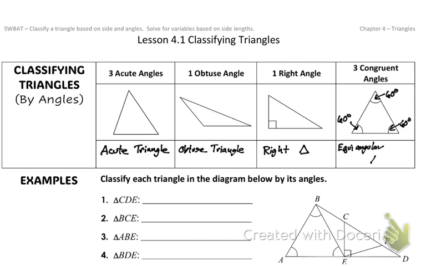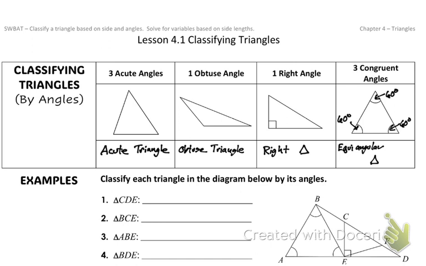An equiangular triangle. Does anyone remember a term that sounds like equa, but had to do with a triangle? Equilateral. That deals with sides that are congruent. So this is based upon the same idea. If we have 3 sides that are congruent, it's equilateral. If we have 3 angles that are congruent, it is equiangular.